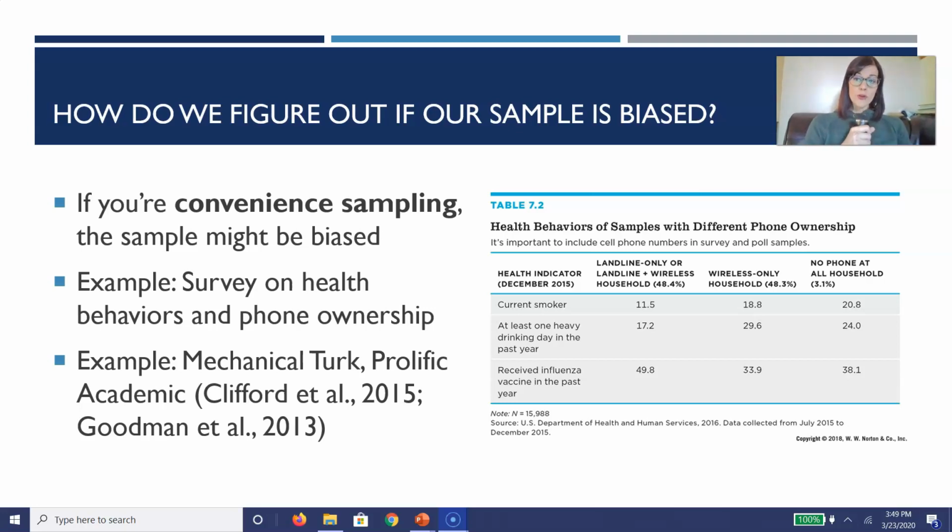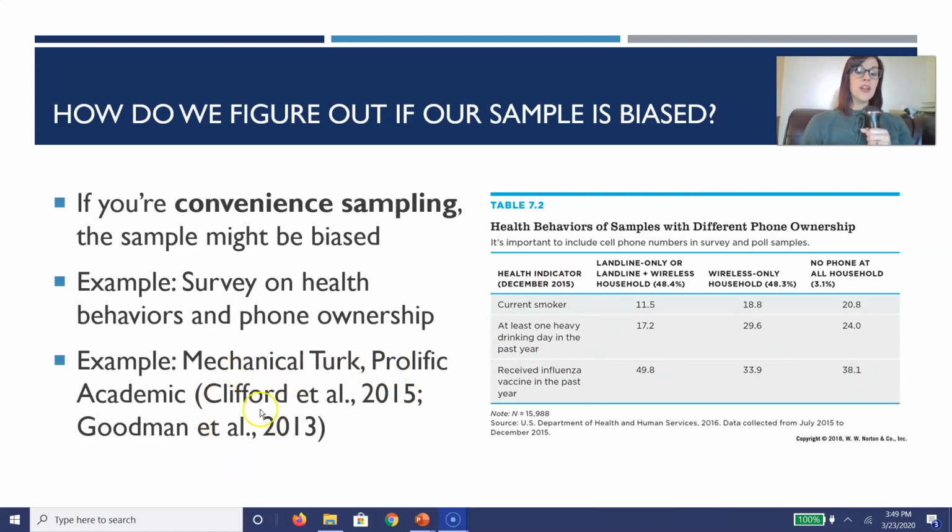And the same is true if you are collecting data from online means. I know that a lot of people collecting online data use things like Amazon's Mechanical Turk. You put a survey online and people complete it for money. You can do something called Prolific Academic. And just like we see with telephones, one of the things that we do find is that there are some fundamental differences in terms of personality traits, wealth, and access between people who are completing things like Mechanical Turk versus people who don't.